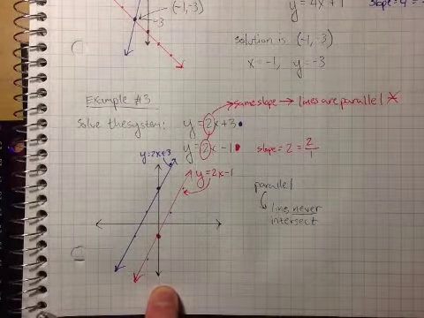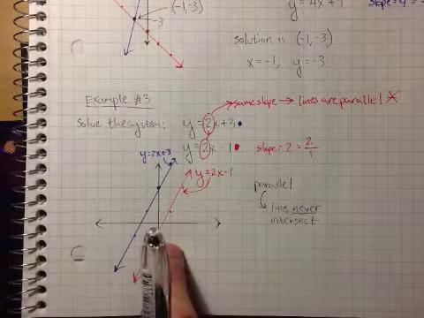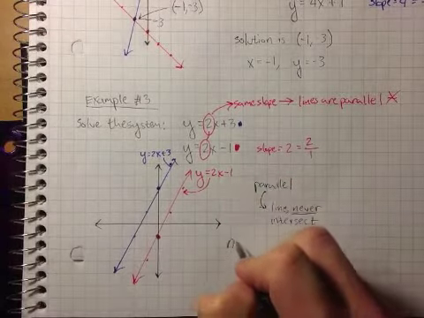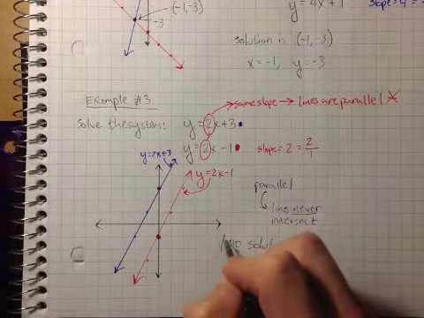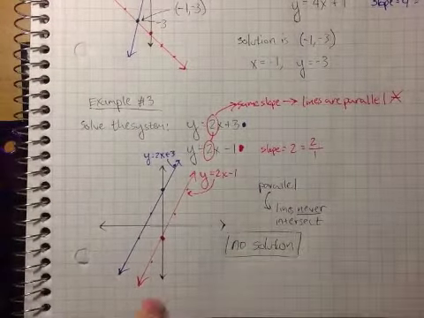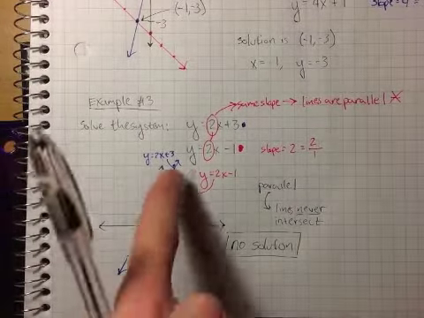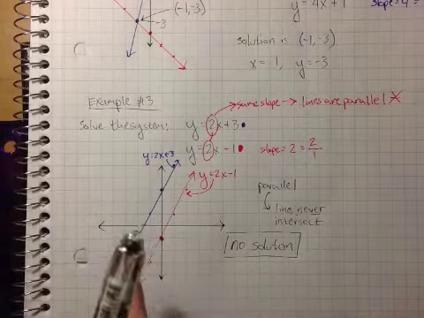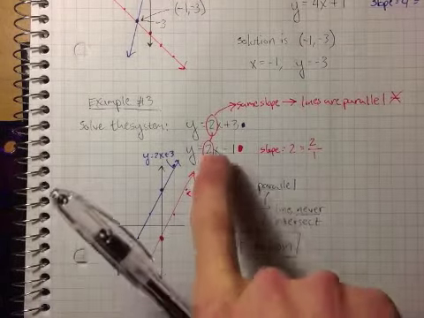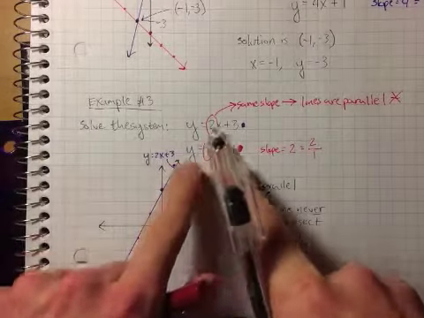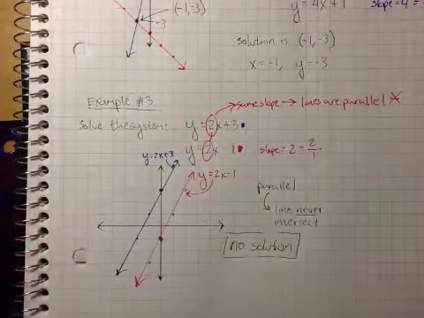Well, it means that we can never find a solution. So there is no solution to this system of equations because there's no intersection point of these two graphs. The lines are parallel. They never intersect. So there's no value of x and y that will make both of these equations true at the same time.